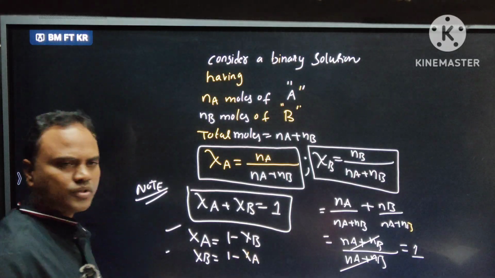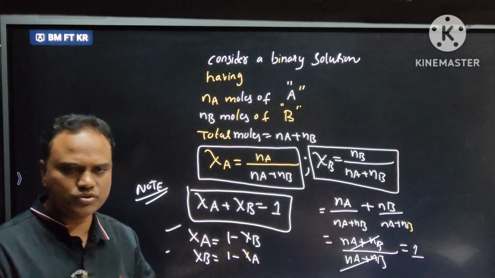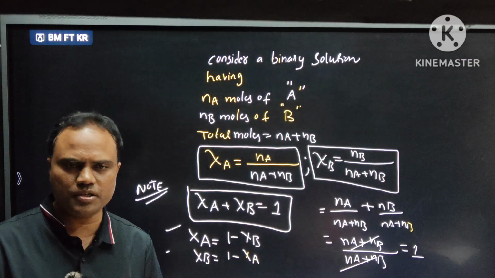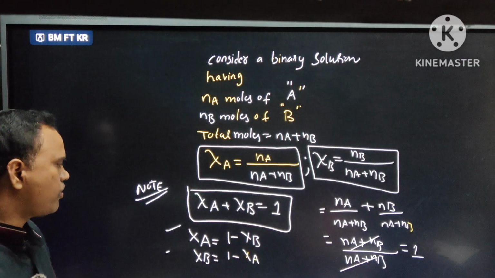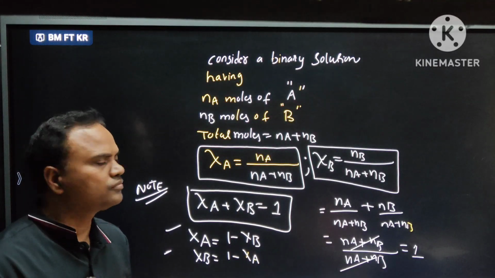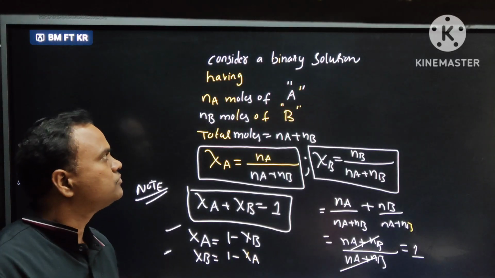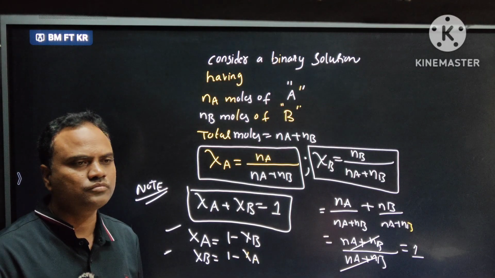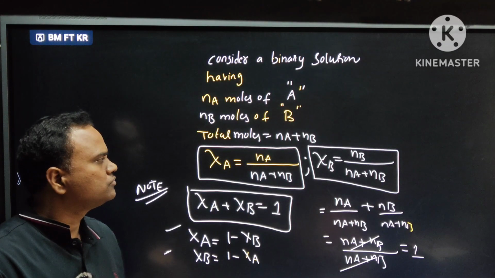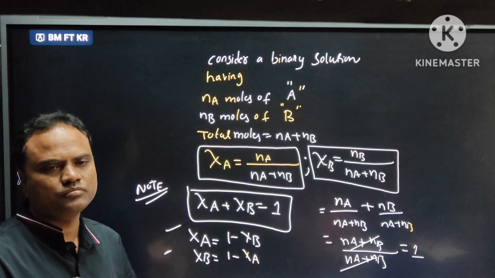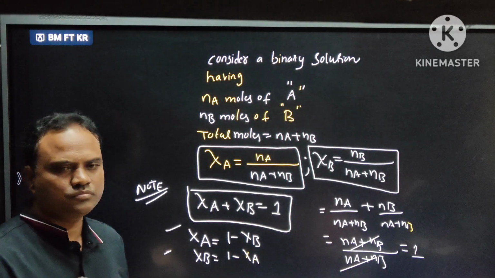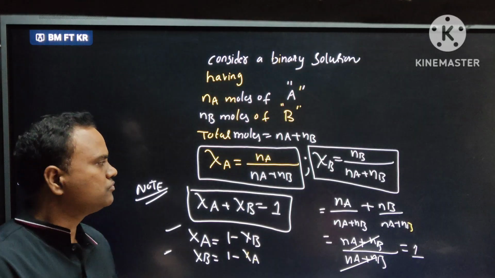We use this in Raoult's law in solutions. xa plus xb is equal to 1, so xa is equal to, sending xb to that side, 1 minus xb. Clear?